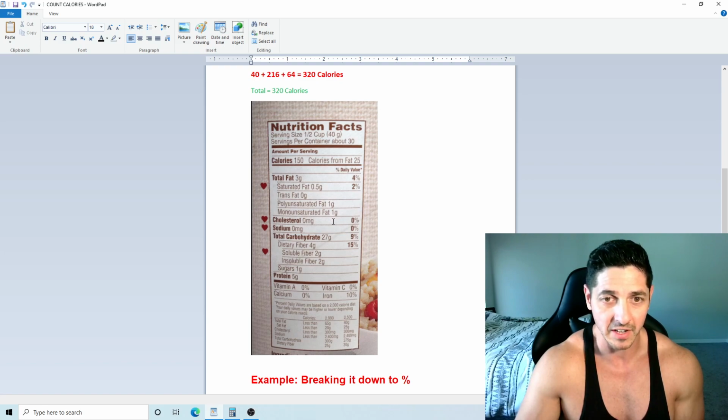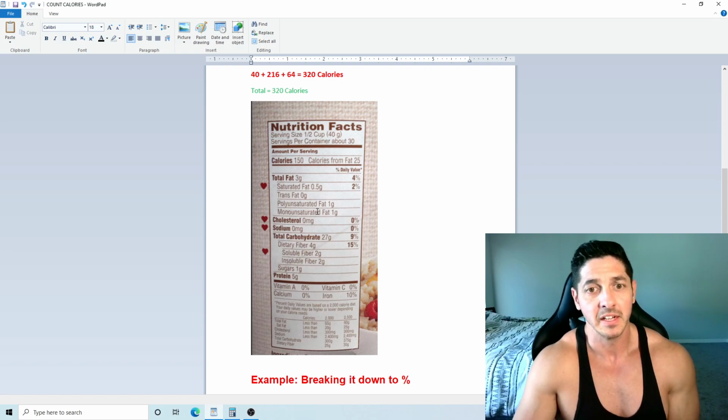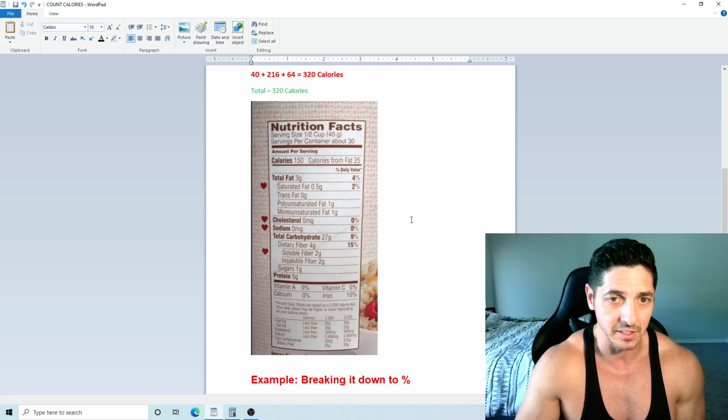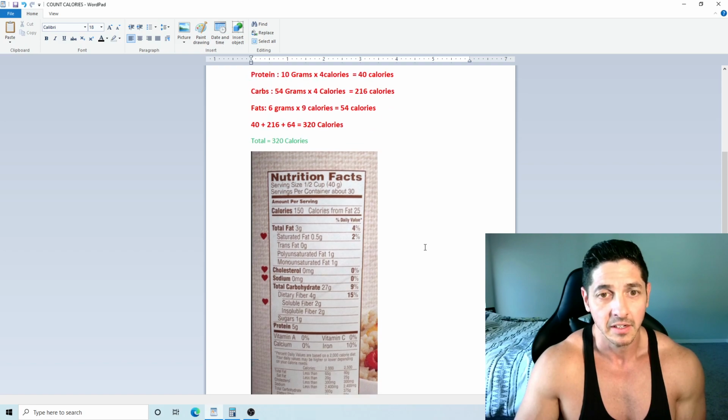You could eventually start getting into these, like the saturated fat, trans fat. You don't want any trans fat ever. Unsaturated fat and monounsaturated fat. But for the purpose of this video, we're going to keep it nice and clean and easy. We're just focusing on fat, carbohydrates, and protein. So again, we're just looking at the serving size and those three.